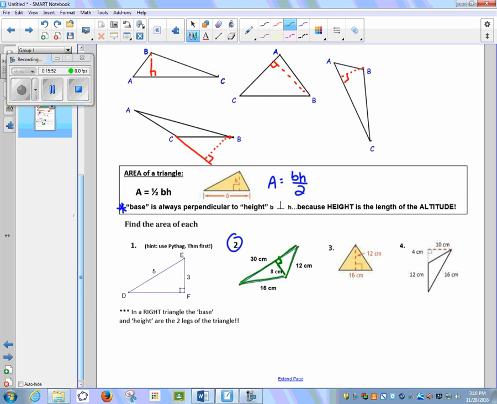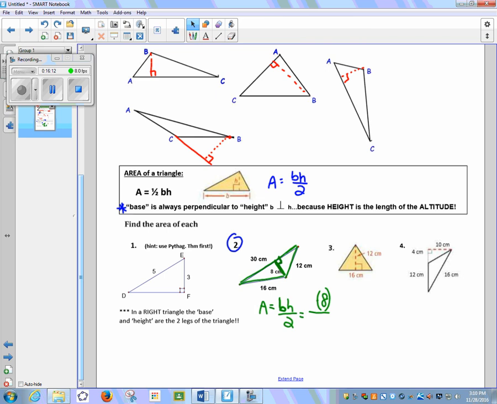And in the area formula, we need the base and the height that are perpendicular to each other. So if I'm going to use 8 as my altitude, when I'm finding area, I need base times height divided by 2. The height is actually the length of the altitude. So I'm talking about multiplying by 8, right? That's my altitude. I need the base that's perpendicular to it.